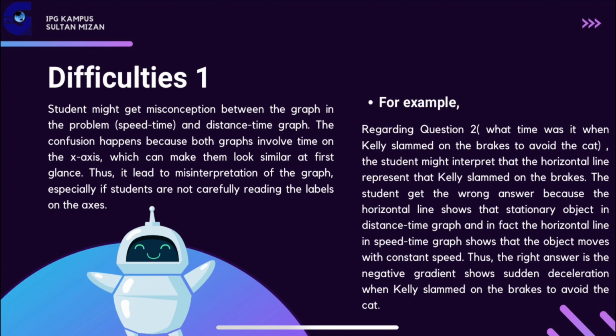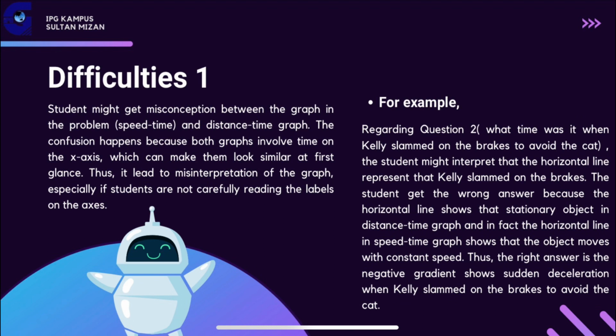For example, regarding question 2, what time was it when Kelly slammed on the brakes to avoid the cat? The students might interpret the horizontal line as representing that Kelly slammed on the brakes.